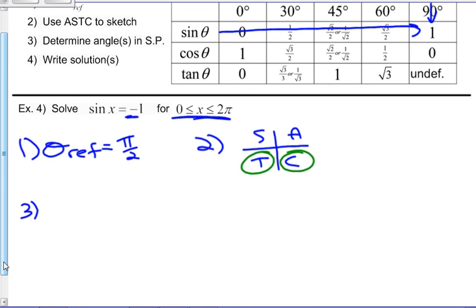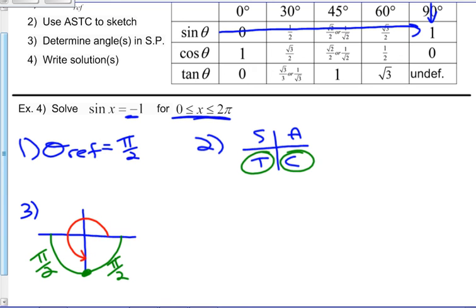Step 3, sketch. So remembering that pi over 2 is 90 degrees, pi over 2 looks like this in quadrant 3, and like this from quadrant 4. It turns into the same angle. And you can find the value of that angle by either going 180 plus 90, or pi plus pi over 2.